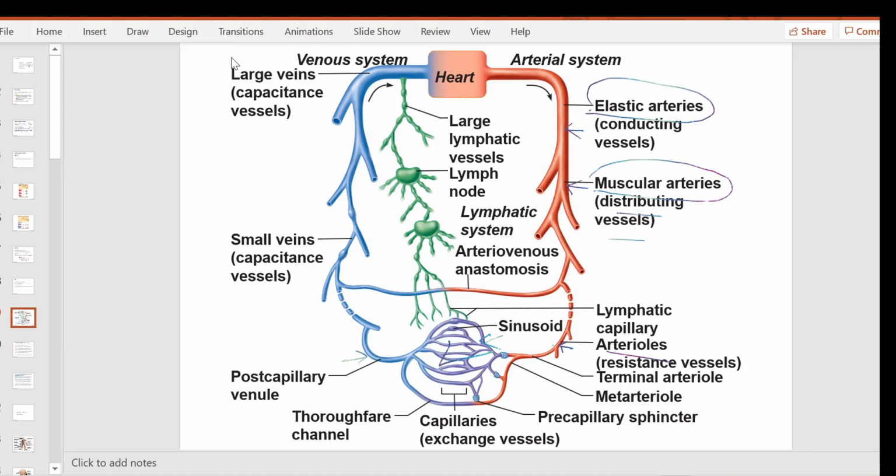The venules are the smallest veins, they give blood to the small veins, then small veins give blood to the larger veins. And finally the two large veins, superior and inferior vena cava, give the blood to the right side of the heart. Okay.